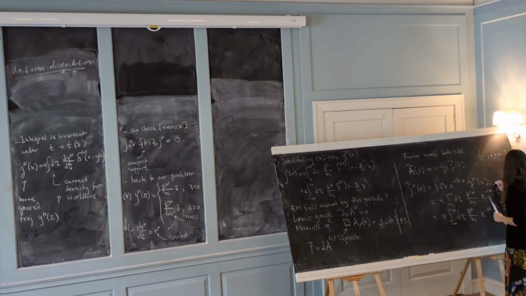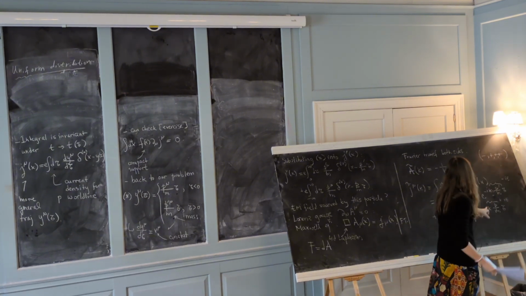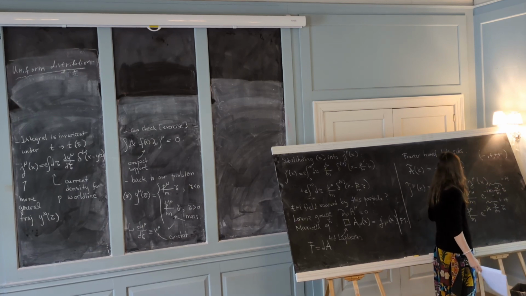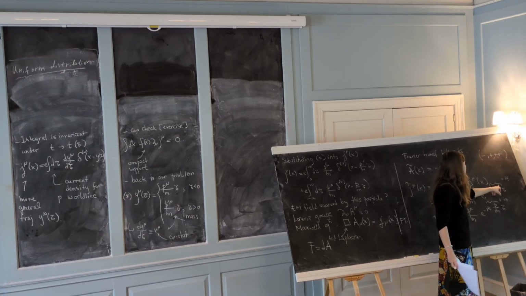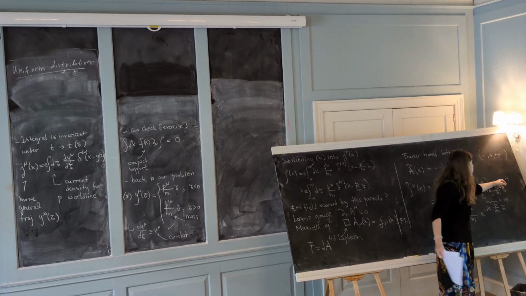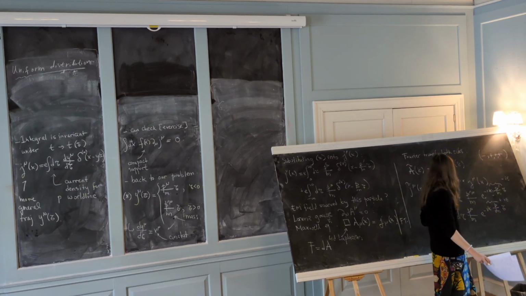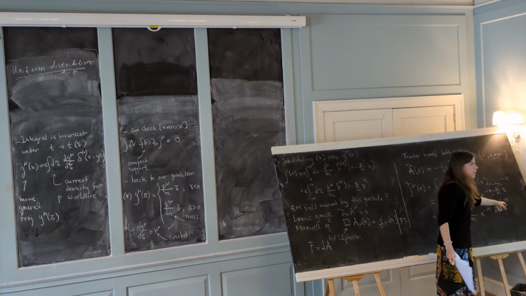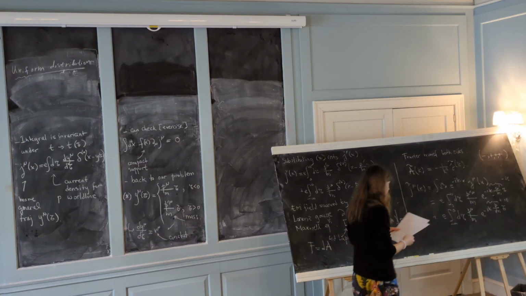You shift this by minus i epsilon, and you shift this by plus i epsilon, so the signs are different. Here you want this to vanish as tau goes to infinity, so it has to fall off to 0 for finite epsilon. So you need a minus sign here, and similarly here you want this to vanish for tau going to minus infinity, so you want a plus i epsilon.